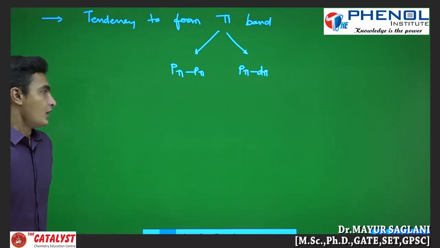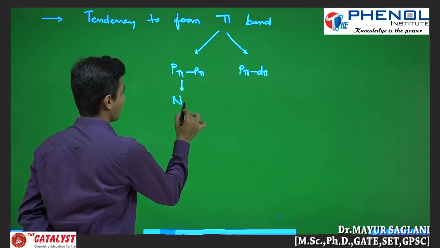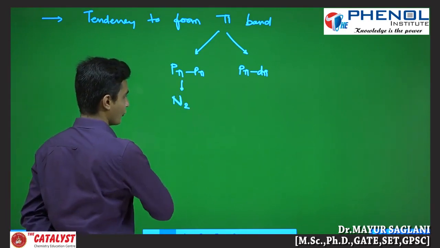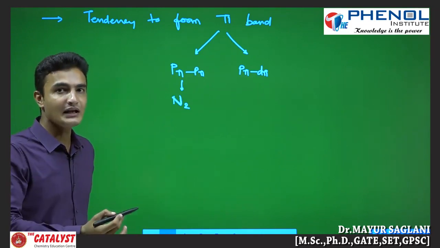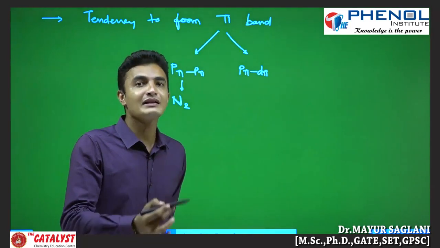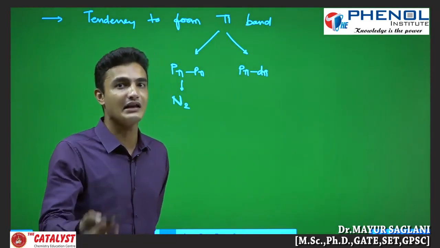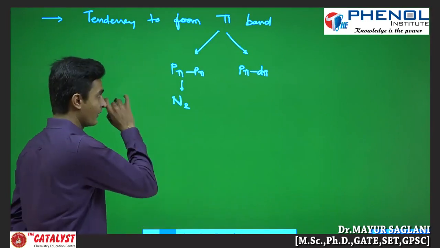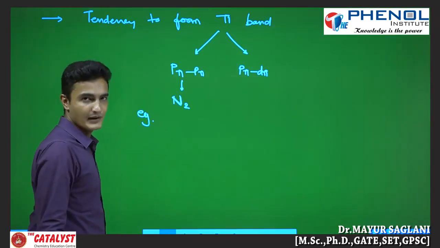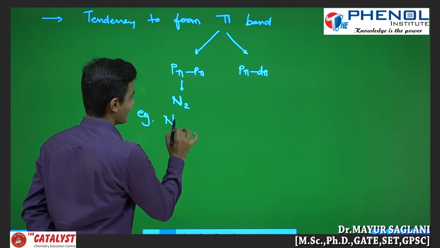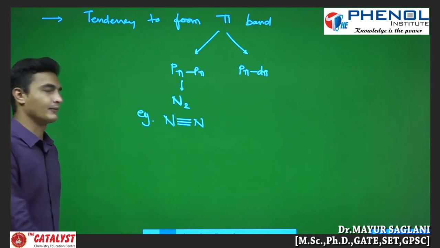Okay, fine. Now if you see p pi p pi bond, nitrogen will form p pi p pi bond with an atom of the same electronegativity, or you may say with a similar size atom. So as an example, nitrogen itself forms 2 pi bonds with another nitrogen atom.